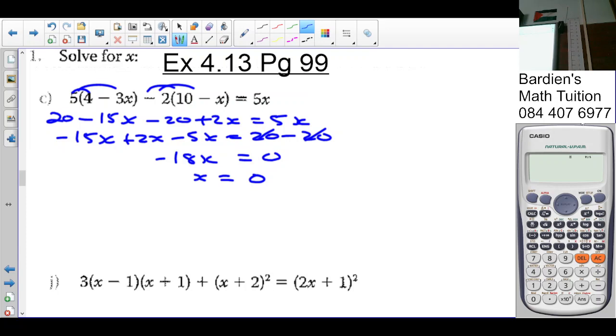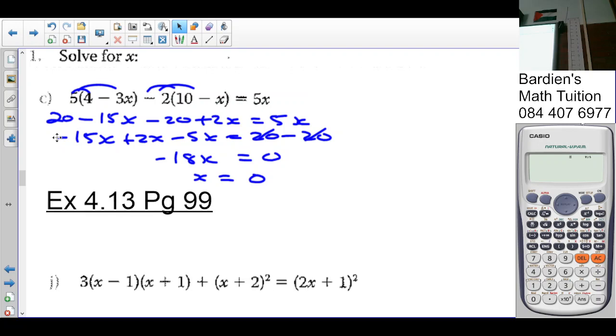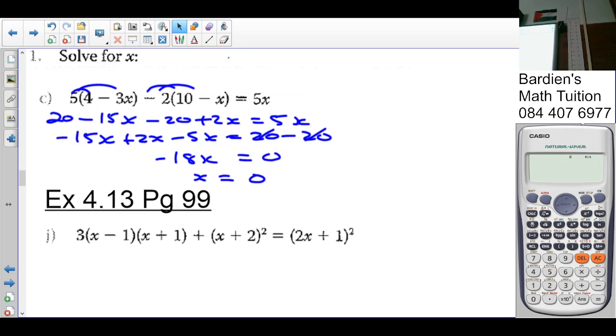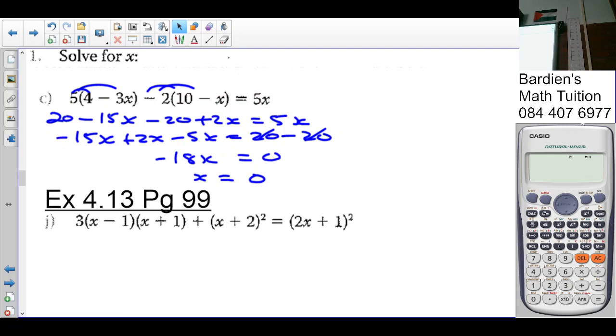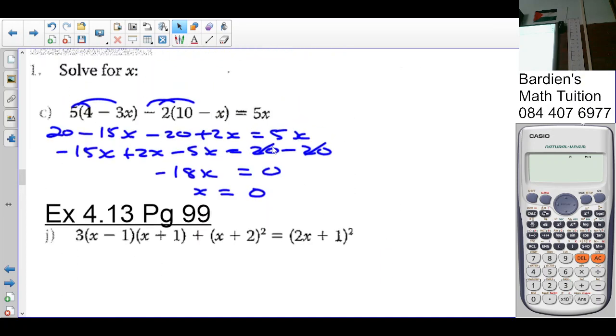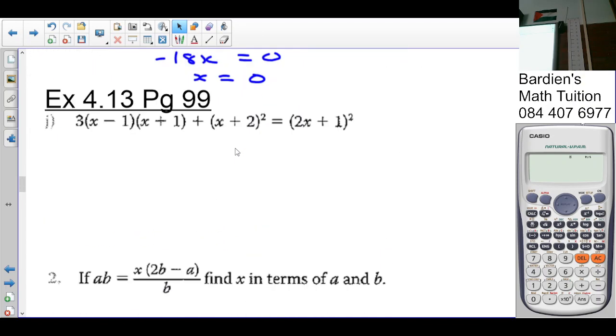Every time it comes in no solution, I will highlight one. Yes, Michael? Will we mark it wrong if it's like negative 18x? Yes, because the question didn't say solve for negative 18x. The question was to solve for x. You got it? Right, don't lose it. Next question. There's 13 here.